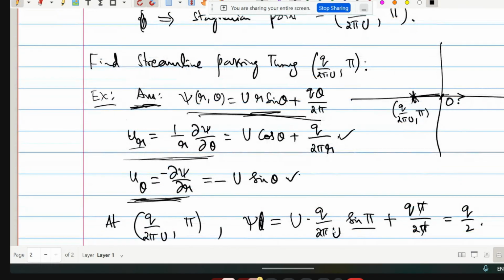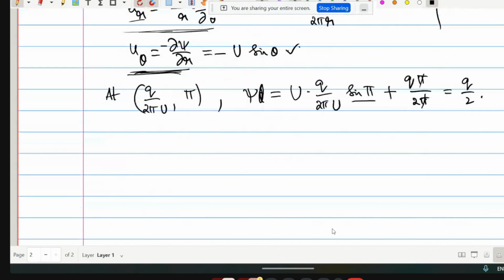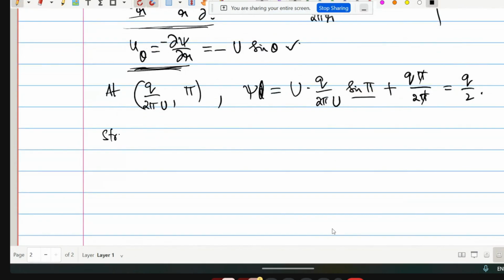So there should be some streamline passing through this point, isn't it? The streamline passing through the stagnation point Q by 2 pi U, pi has psi equal to whatever this constant is.